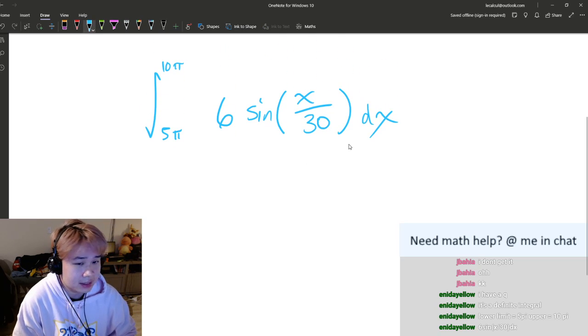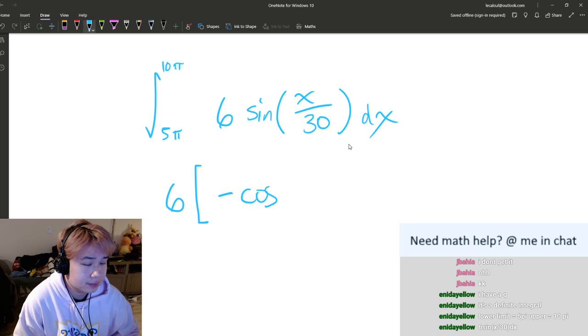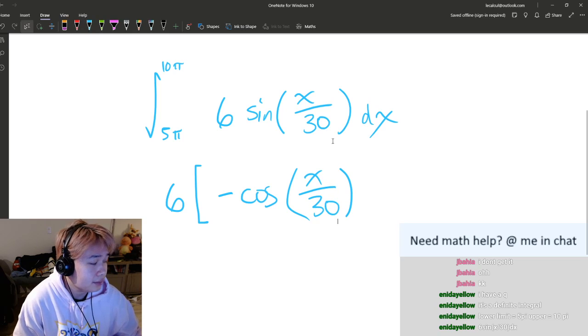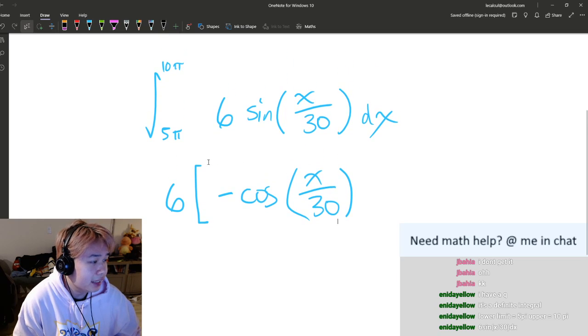So first off, the 6 doesn't do anything. That's just multiplied outside later. And the integral of sine x is negative cosine. And we know that it should be the same thing, x over 30. Now remember that when you take the derivative of this, you should end up back here.